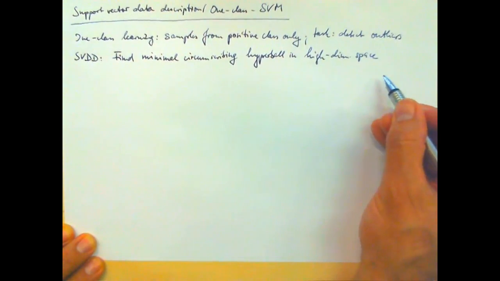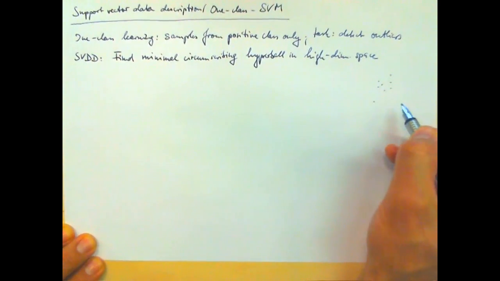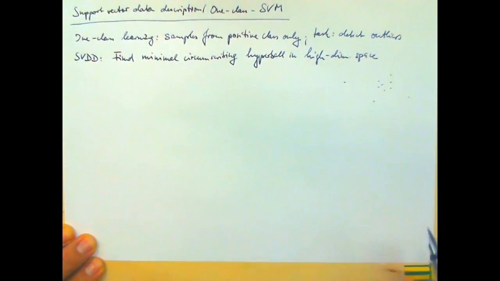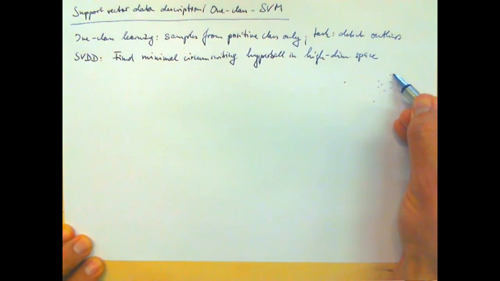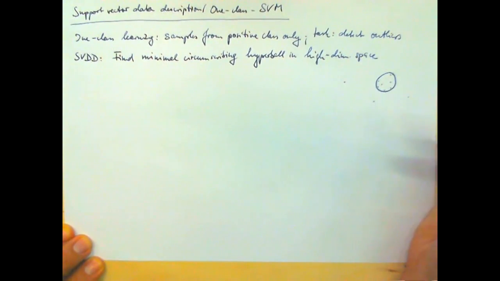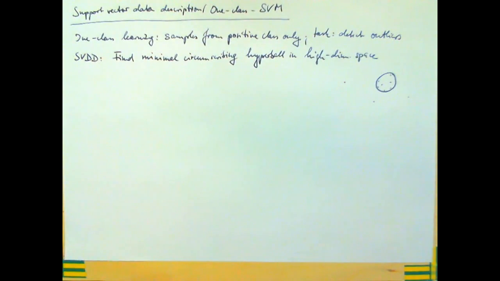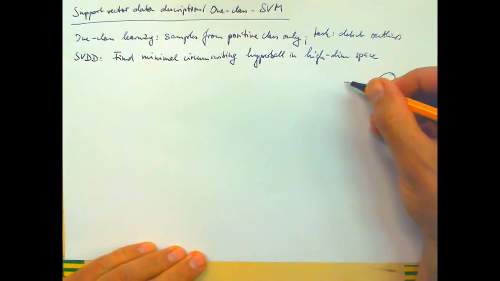Let's say you have observations and a few outliers, then your hyperball may look something like this, and you would then have a couple of outliers which we associate with slack variables.